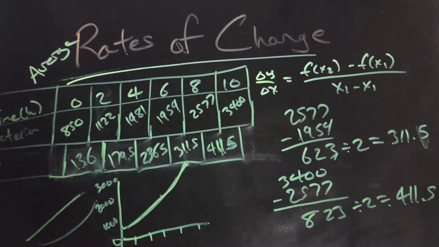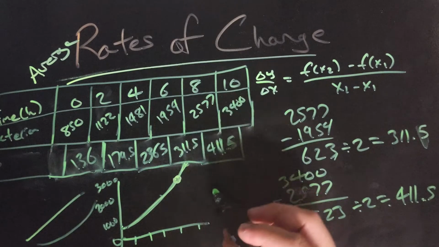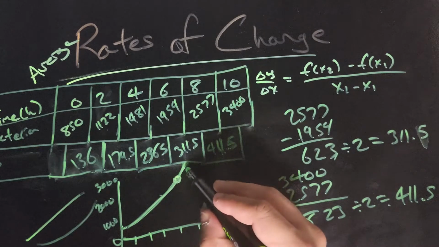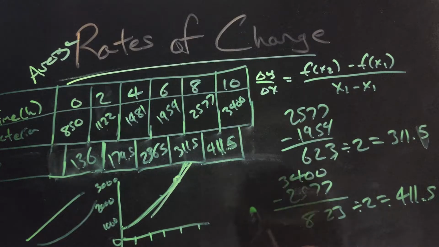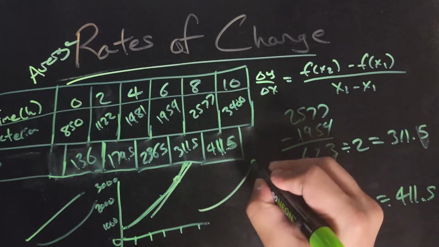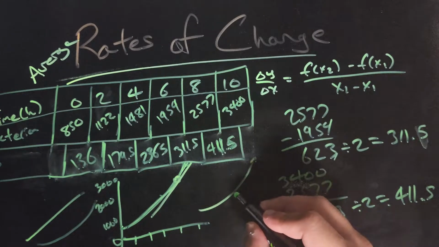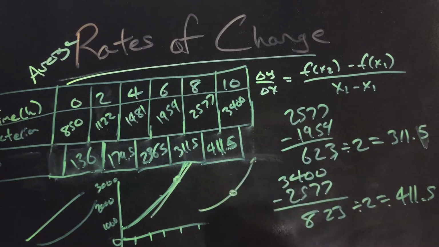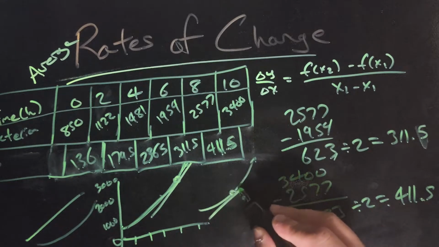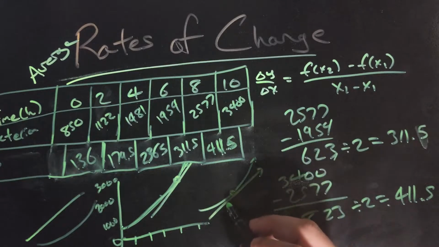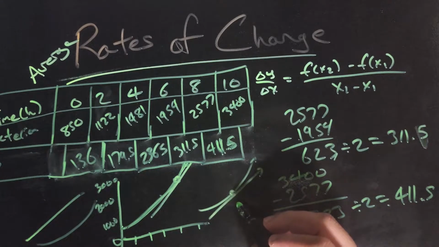And you can actually find the rate of change at any given point by finding a secant line. So what is a secant line? Say you have this curve, and you want to find out the rate of change here. All you have to do is plant a line that goes through that point.